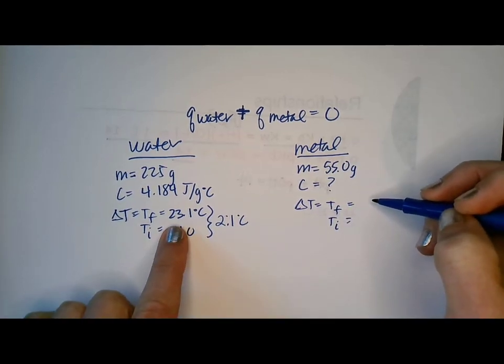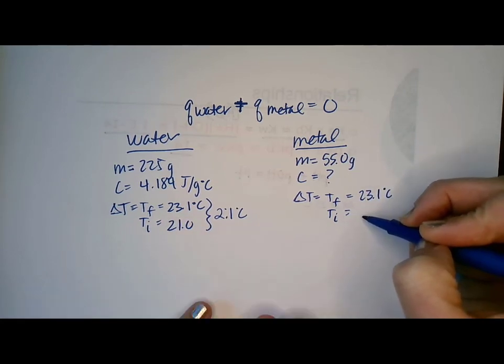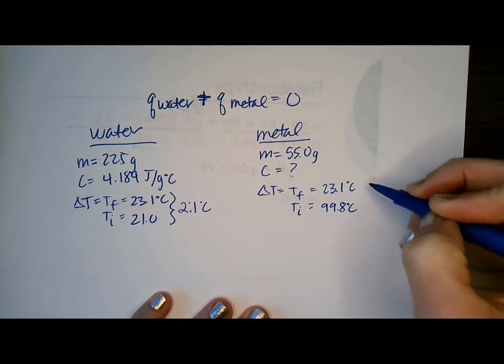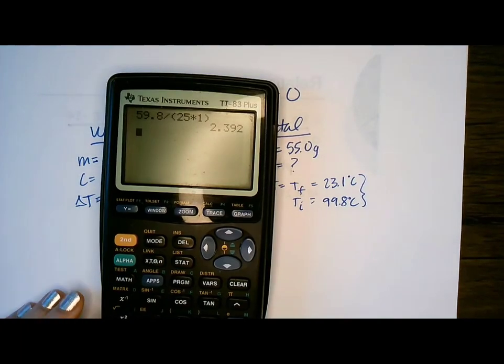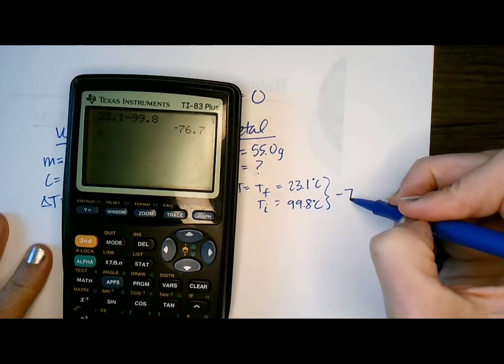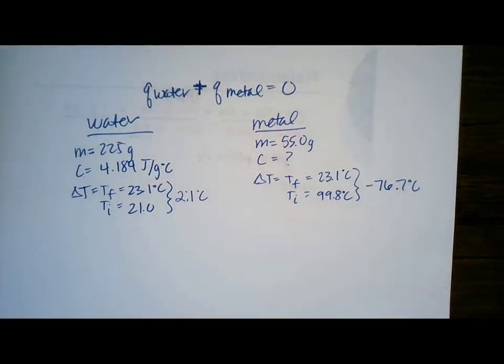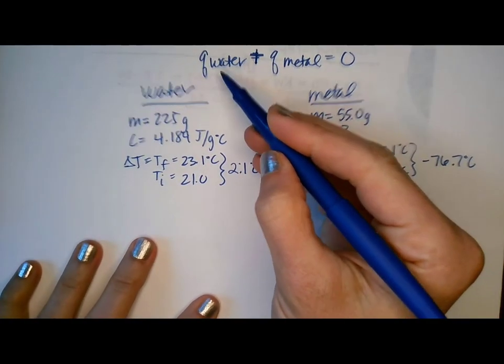The final temperature also was 23.1, and the initial temperature was 99.8. So let's do TF minus TI, 23.1 minus 99.8. Negative 76.7 degrees Celsius.